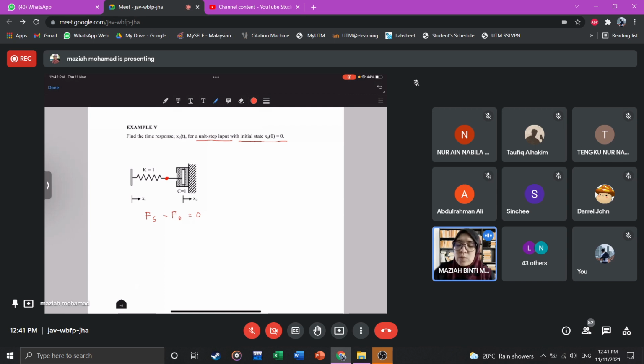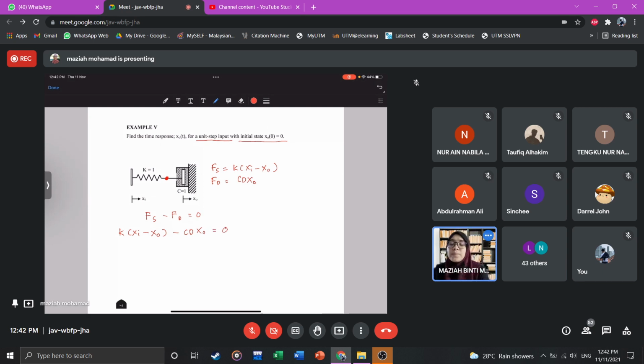For the F spring, it is K (xi minus x naught), and for the F damper, it is C D x naught, because the damper is only related to x naught. The other side of the damper is away. So we put it into this equation. This is the first step in order to get the ODE.